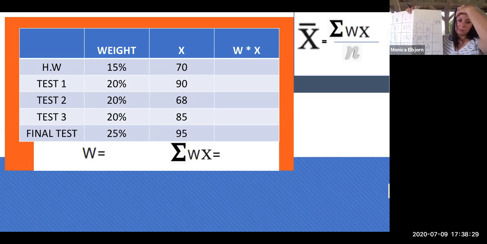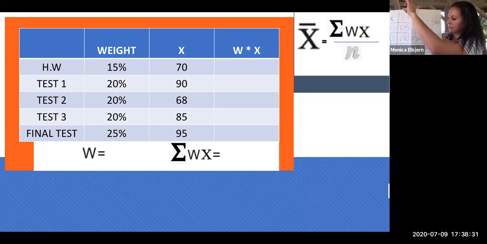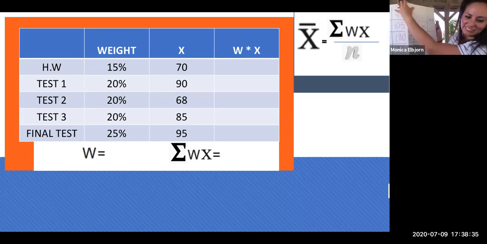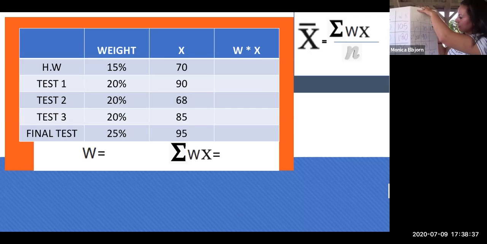0.15 times 70, how much is that? Oh, very good. We got 10.5. Oh yeah, you were right. We already had it. 18 and then 13.6. Very good.